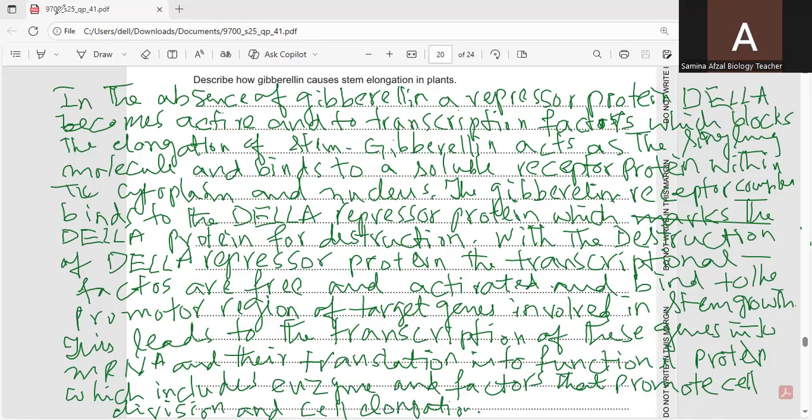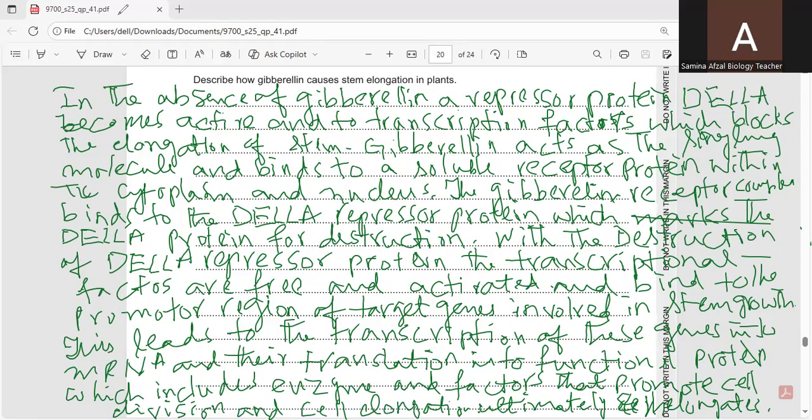Ultimately, cells elongate. Stem elongates. So it was all about question number 8.